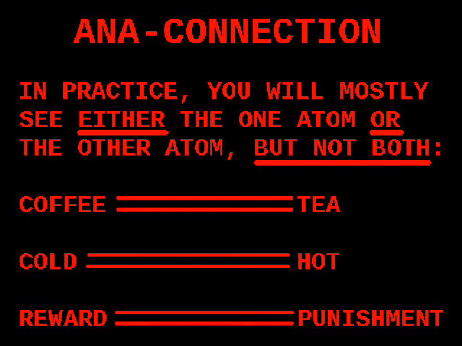Let's first examine the ana connection. I said it's a notion of abstract replaceability. So you will be mostly looking either at one atom or at the other atom, but not at both at once. For instance, you may order coffee or tea. It might feel cold or hot.